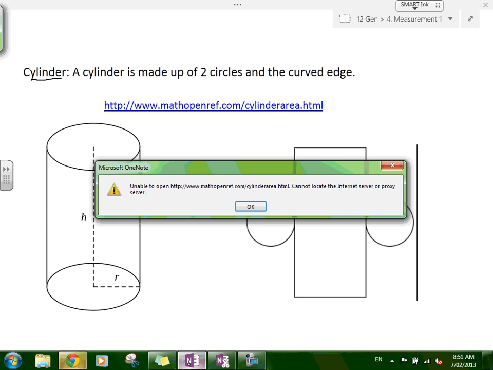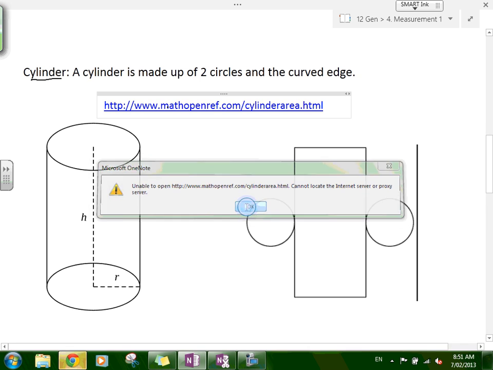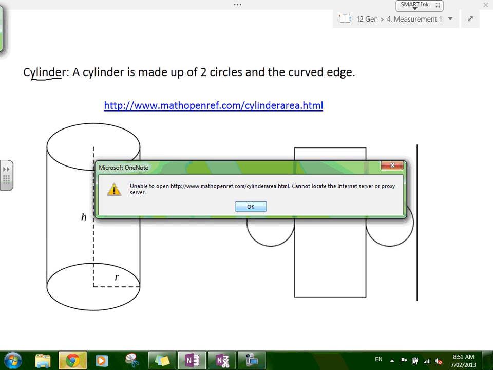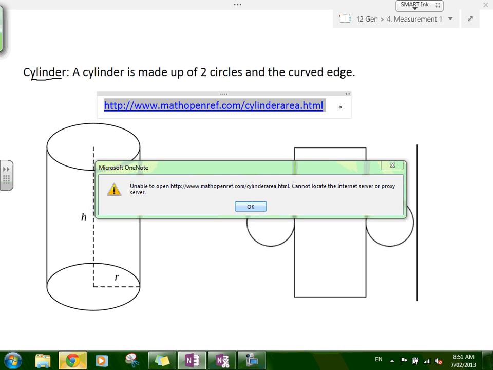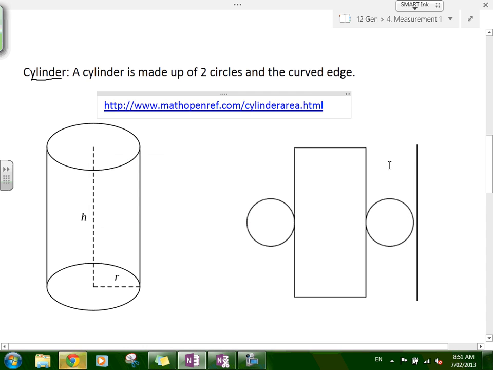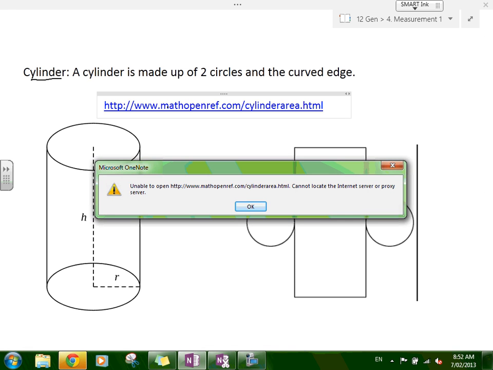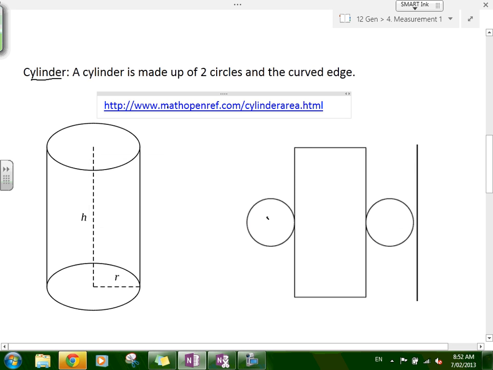So if we go back to... So if you think about it, that's the cylinder, that's the height, the radius. And so if we put in the dimensions in our net, this is the radius.